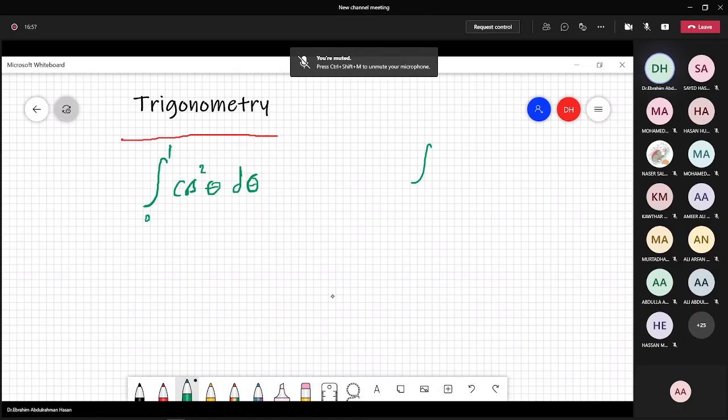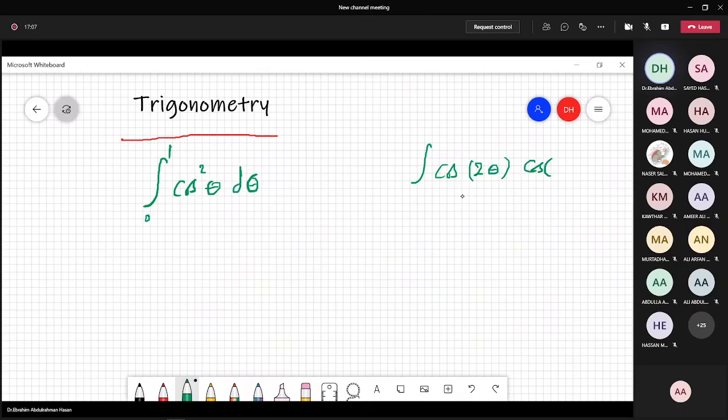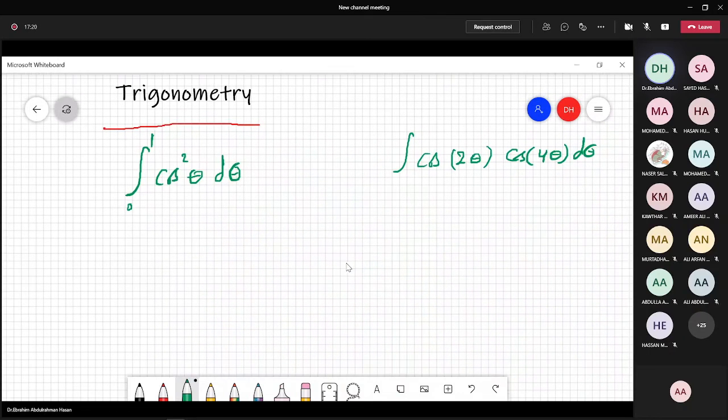And what is the integration of cosine 2 theta multiplied by cosine 4 theta d theta? How do you solve it?